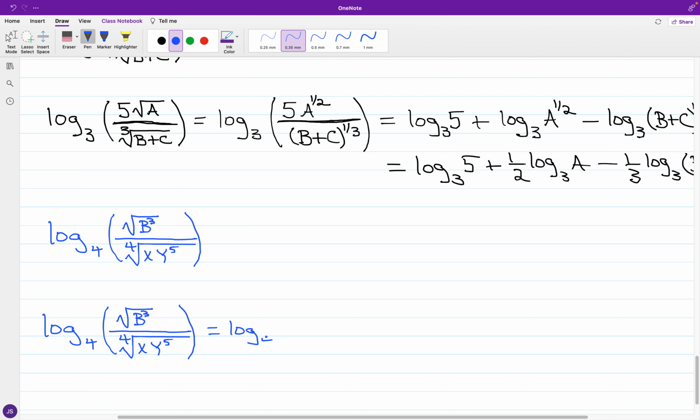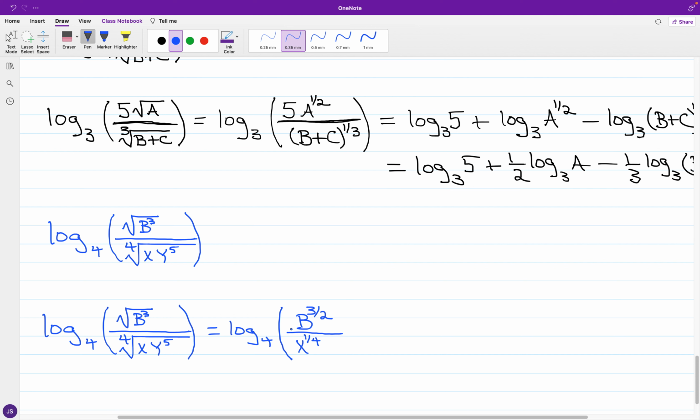So we have in the rewrite, for the square root of b to the 3rd, that's going to be b to the 3/2. For the 4th root of x times y to the 5th, if we itemize, the 4th root of x is going to be x to the 1/4.